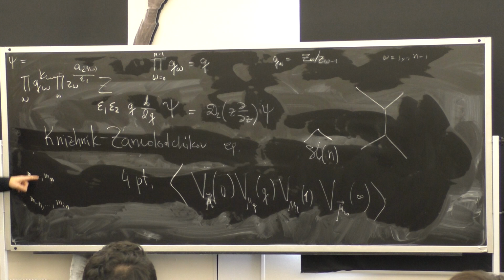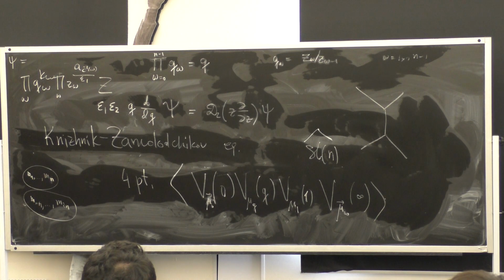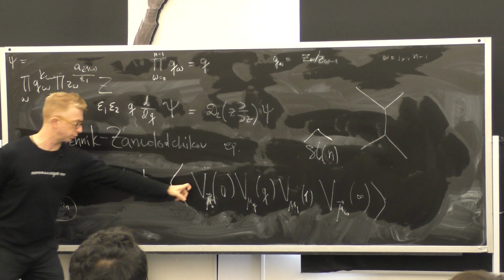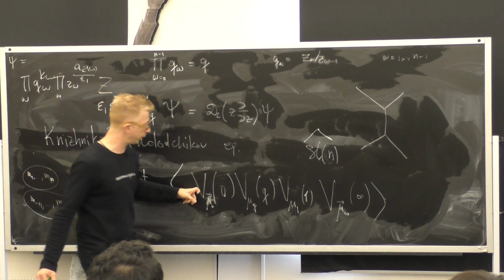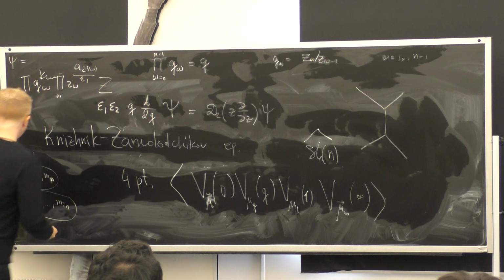This enumeration corresponds to the assignment of masses according to the representations of Zn. Remember, I said that I want 2 copies of the regular representation. One copy goes into the definition of the vertex operator at the origin, and one goes to the definition of the vertex operator at infinity.